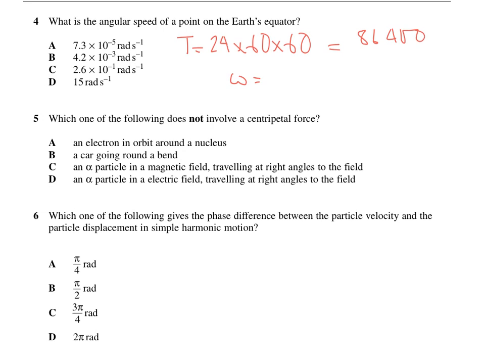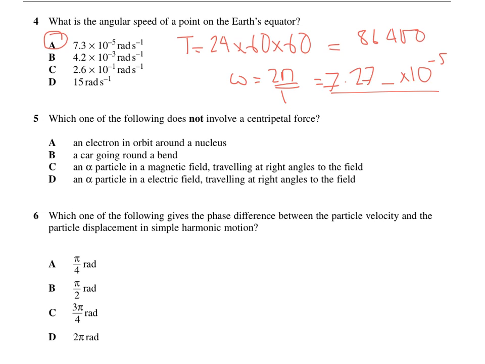We know that the angular speed is 2 pi over T, which gives 7.27 times 10 to the minus 5. So that's going to be answer A. This crops up quite a lot, so it's a useful thing to remember so you can check you're getting the right answer.